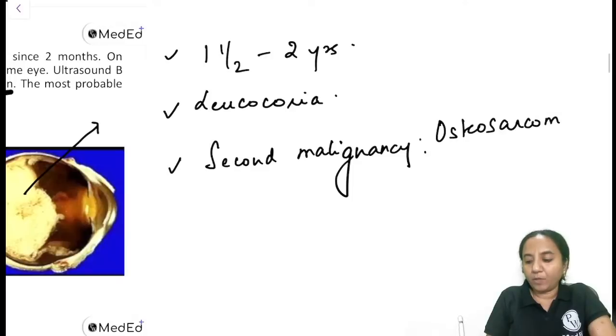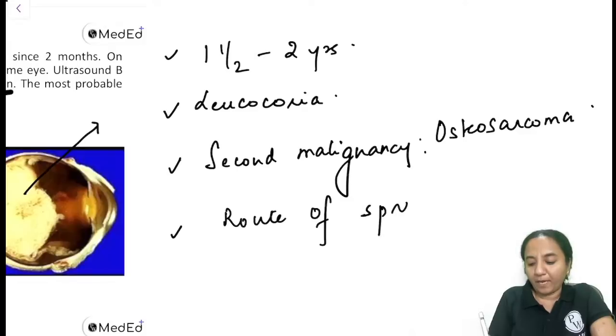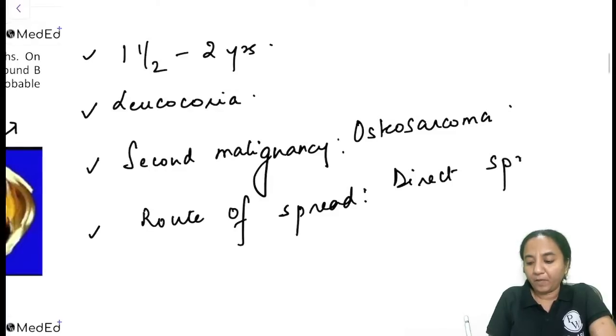They may present with osteosarcoma. The most common route of spread of retinoblastoma is direct spread via the optic nerve to the brain.